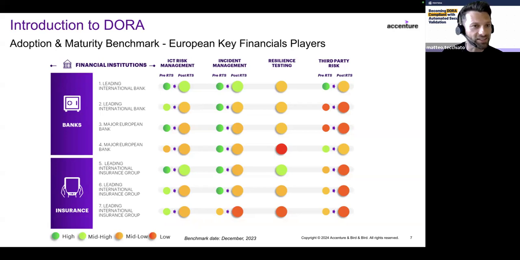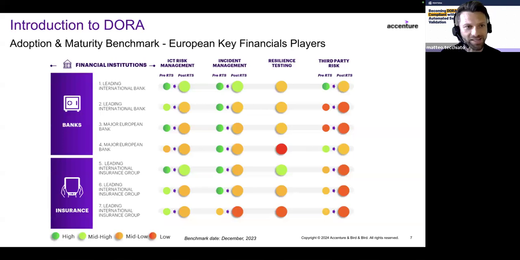Finally, resilience testing is something new, because there was no previous regulation asking for something similar. There is TIBER-EU, but it is something different that we're going to detail later. But on this topic, all of the players, as you can see by the slide, need to put in place many activities in order to be compliant.